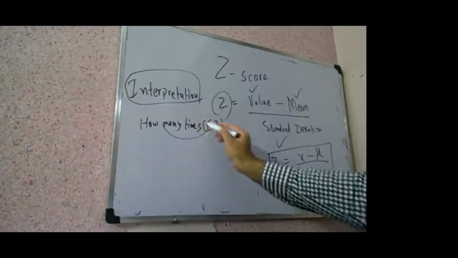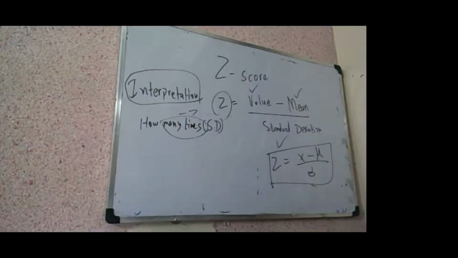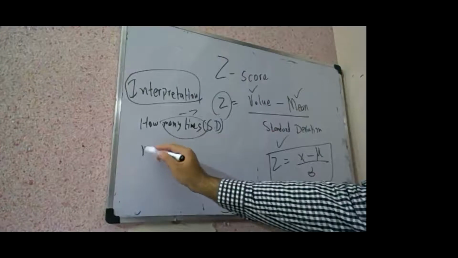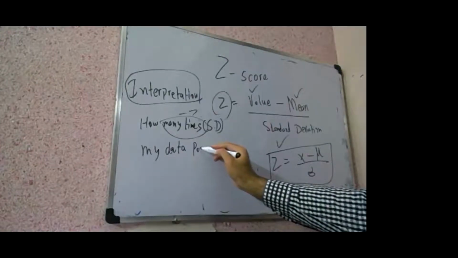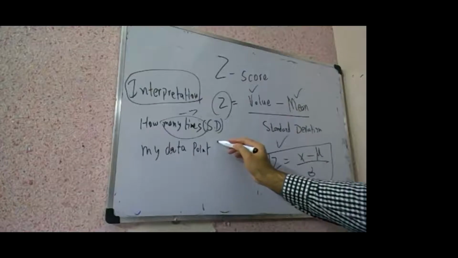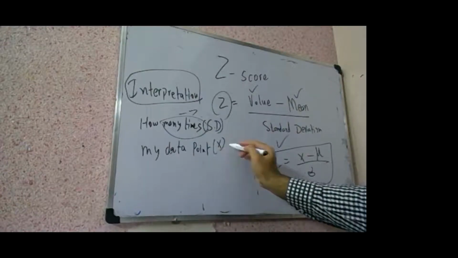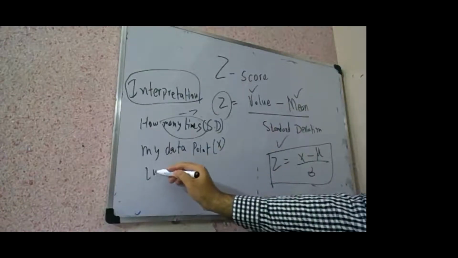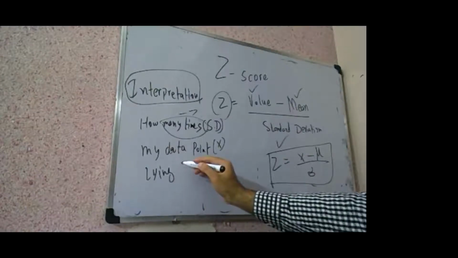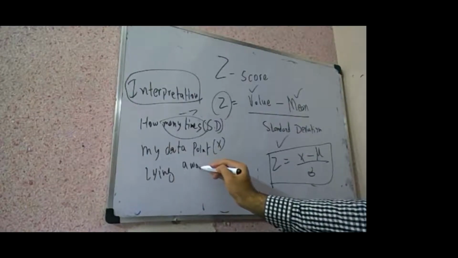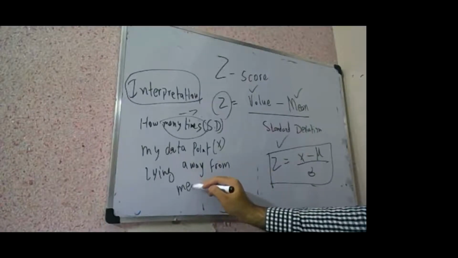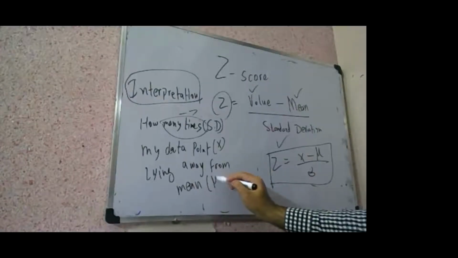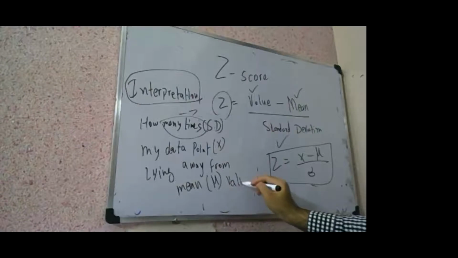How many times means the number of standard deviations my data point, which is x, is lying away from the mean, which is the mu value.